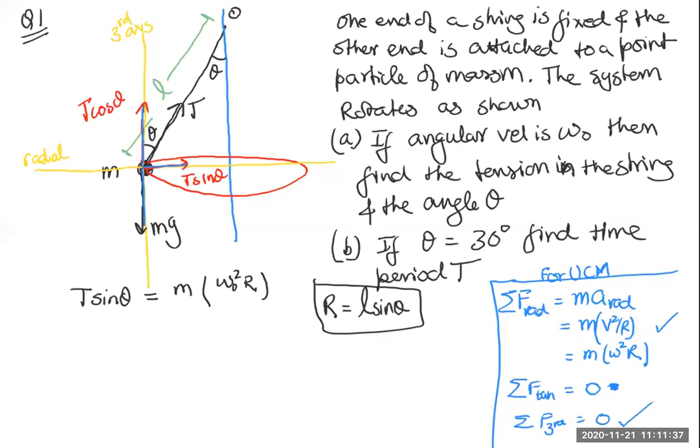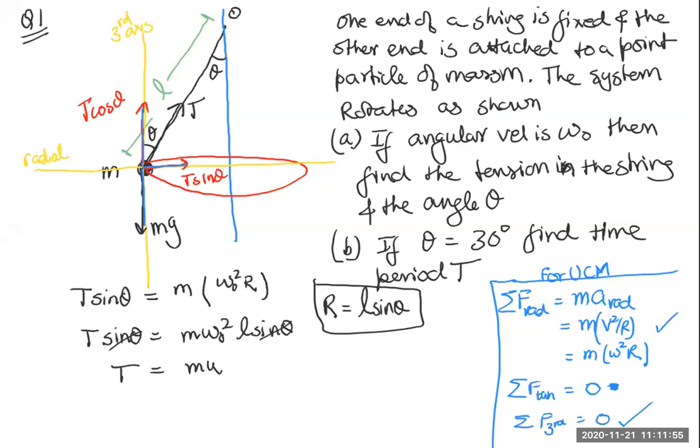So the radius is equal to L sine theta. So basically I get T sine theta is equal to m omega naught square L sine theta, right? And this cancels out, and I get the first answer.